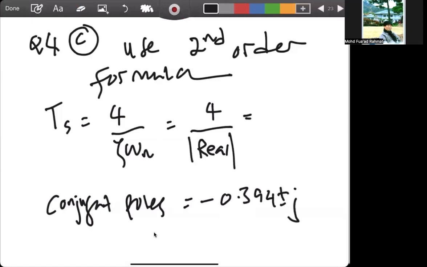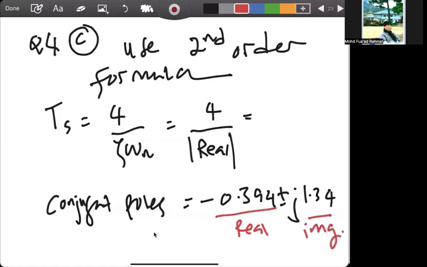0.394 plus minus j 1.34. Okay, so guys, this one is real, this one is imaginary. So you take this value, put inside this formula, you take the modulus of 0.394.